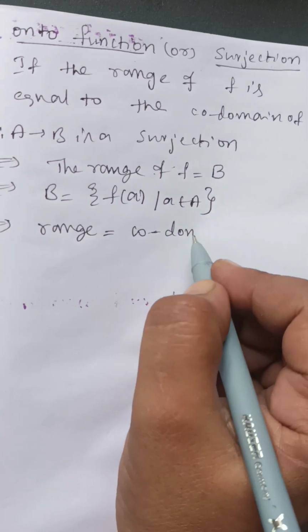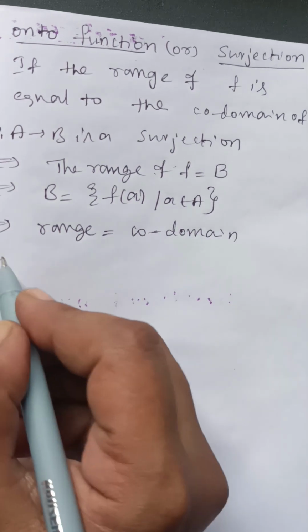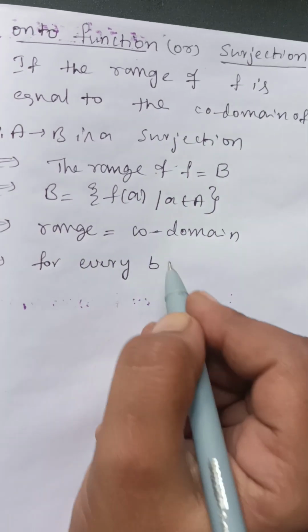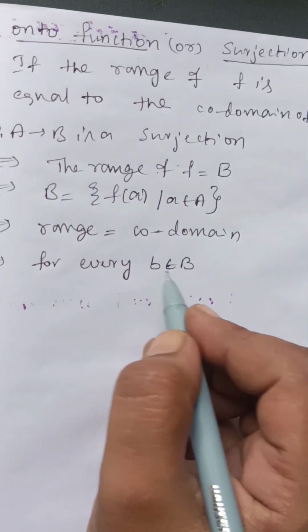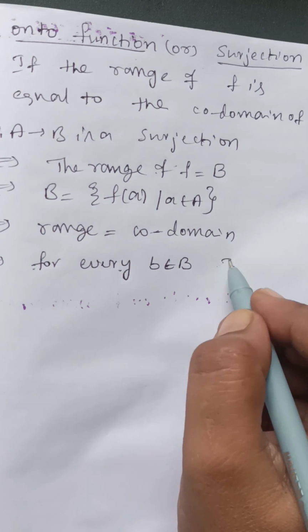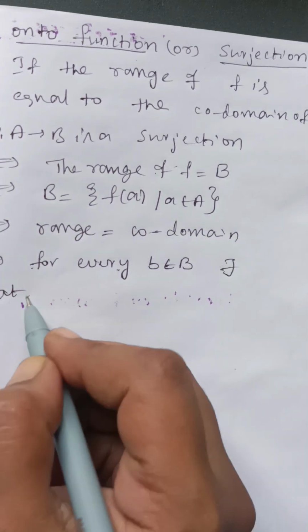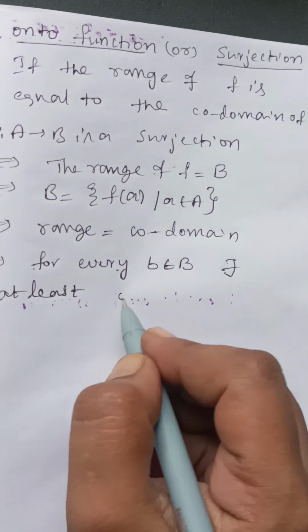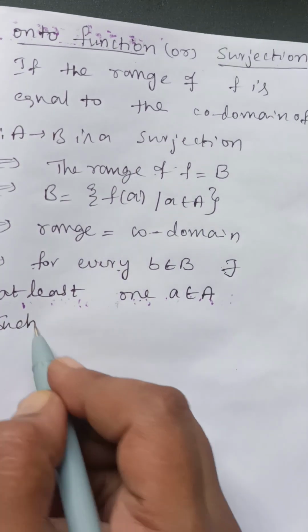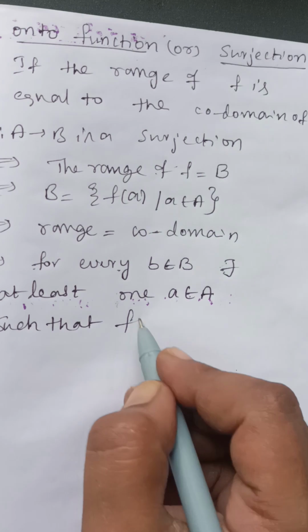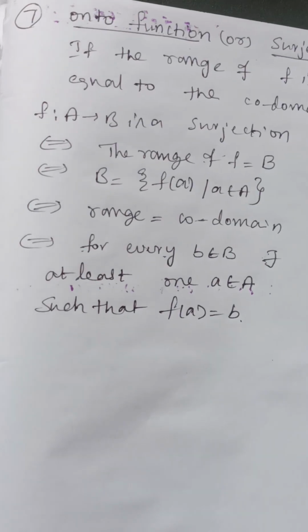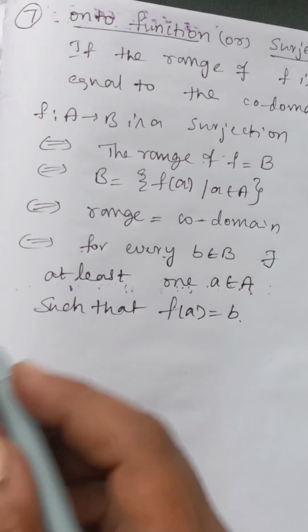You can also define it as range equal to codomain, or for every b belonging to B, take any element from the second set, there exists at least one element a belonging to capital A such that f of a equal to b.